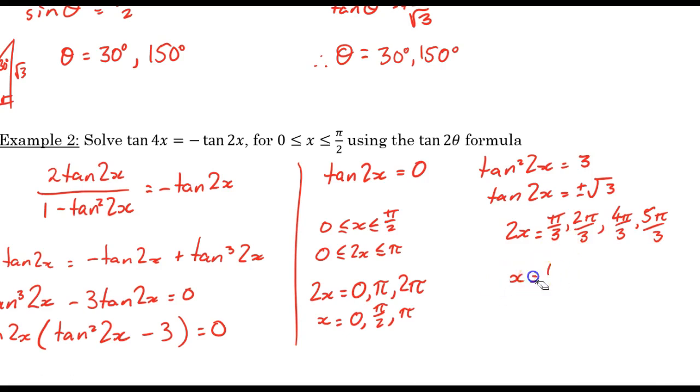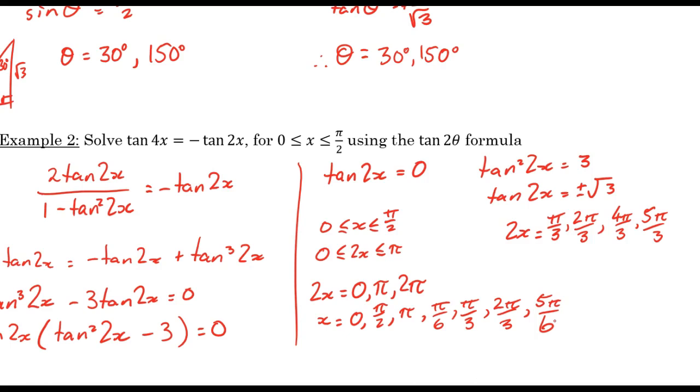So I'm going to have pi on 6, pi on 3, 2 pi on 3, and 5 pi on 6. A lot of answers there, isn't there?